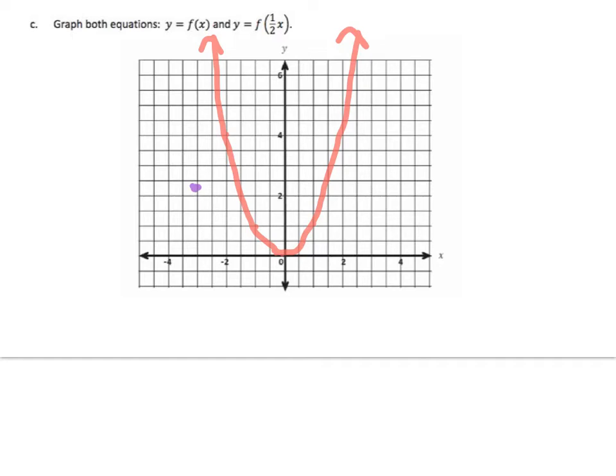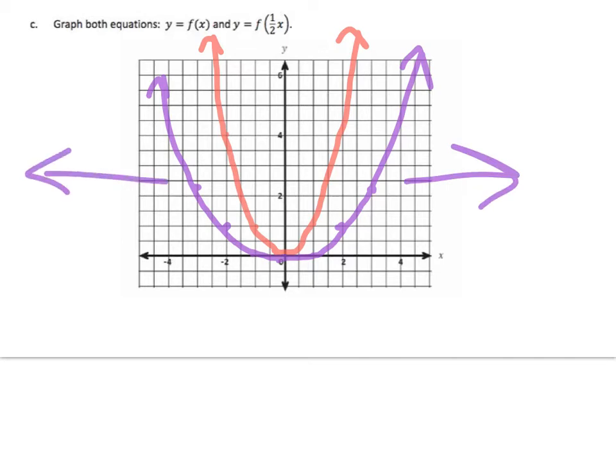Positive 3, up to 2.25. Just want to make sure I get it right. 2.25, negative 2, 1, negative 1, 0.25, and then 0. Okay, that 0.25 is a little off. But here we've got a horizontal stretch because we stretched it out in the horizontal direction.